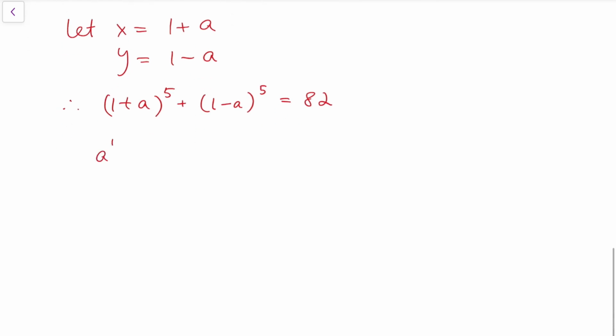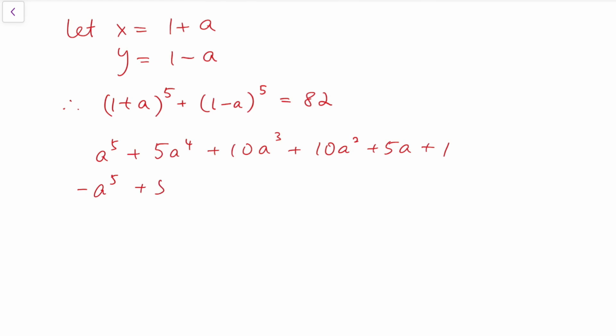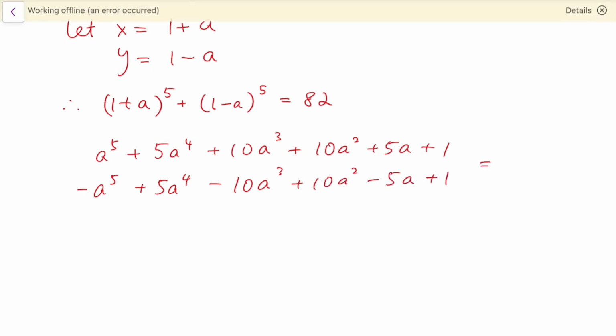So expanding, we have a to the power 5 plus 5 times a to the power 4 plus 10a cubed plus 10a squared plus 5a plus 1, while for 1 minus a, we have minus a to the power 5 plus 5a to the power 4 minus 10a cubed plus 10a squared minus 5a plus 1, and the sum is 82.